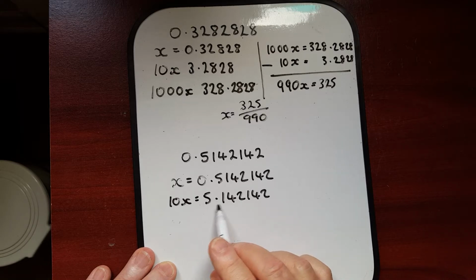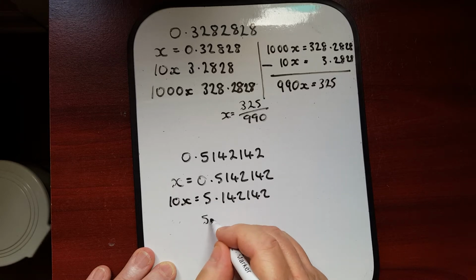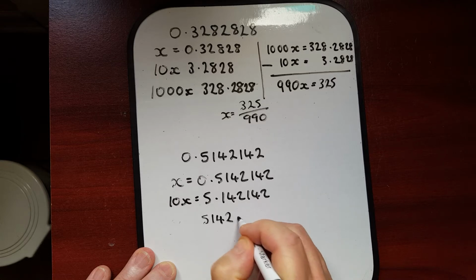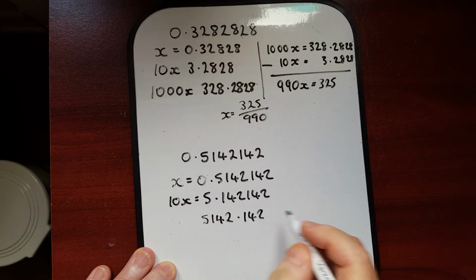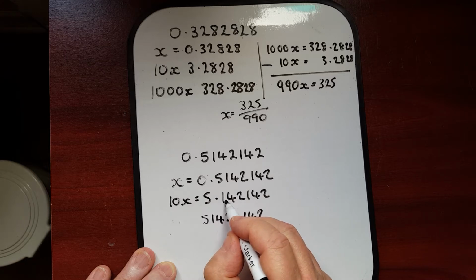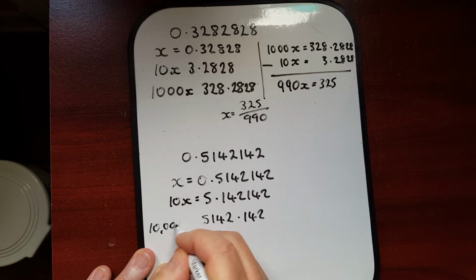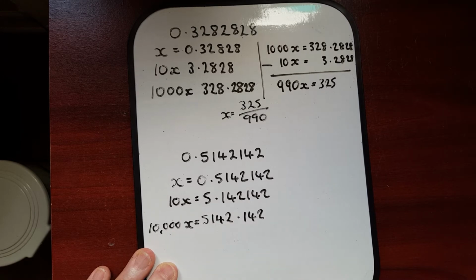We've made that into a whole number so that just the pattern remains behind the decimal point. And then we need to bring the first section of the pattern over the decimal point. So what we want is 5,142.142. So that means we've already multiplied by 10, then 100, 1,000, 10,000. 10,000 lots of x makes that.